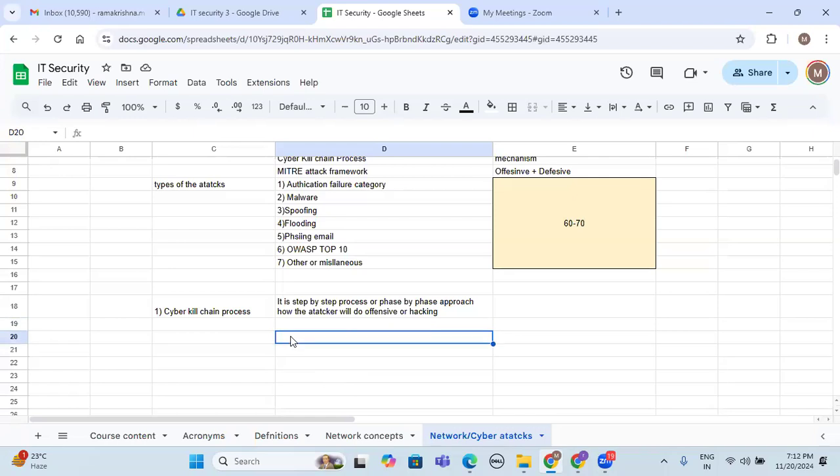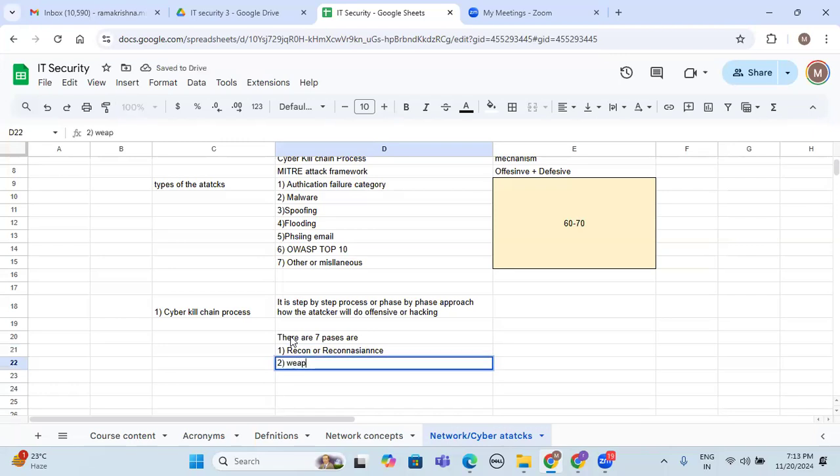Under this, we have a couple of phases, there are 7 phases. First one, recon or reconnaissance. Second one, weaponization. Third one, transport or delivery. Fourth one, exploitation.